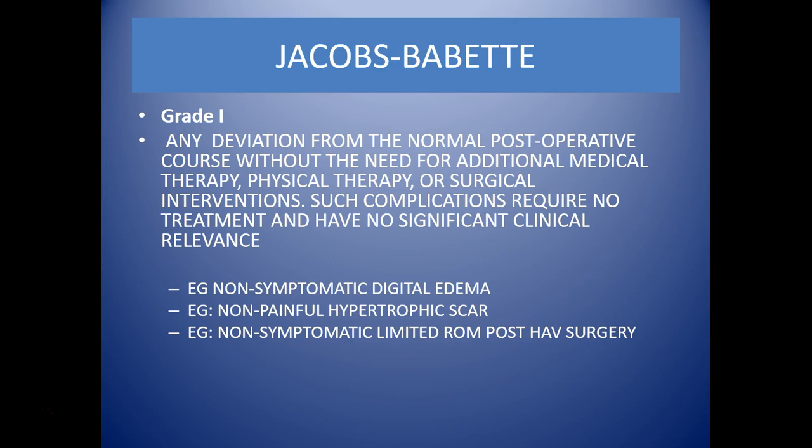And not to be flip about this, but when we talk about complications, we need to have a grading system in evaluating these things to make proper reference to them. So just throwing this out there for everyone to consider.